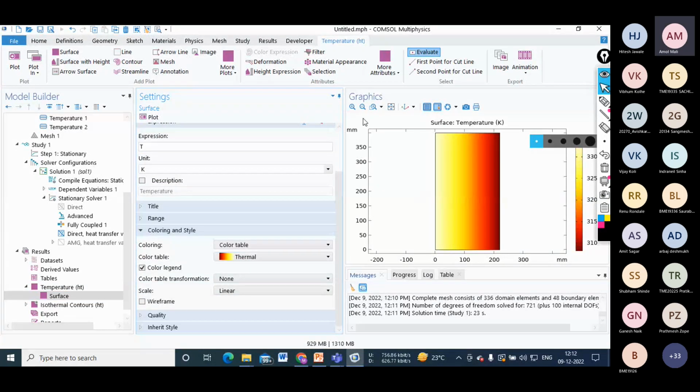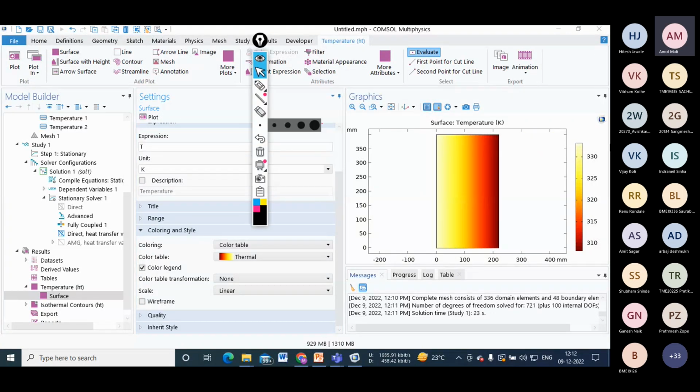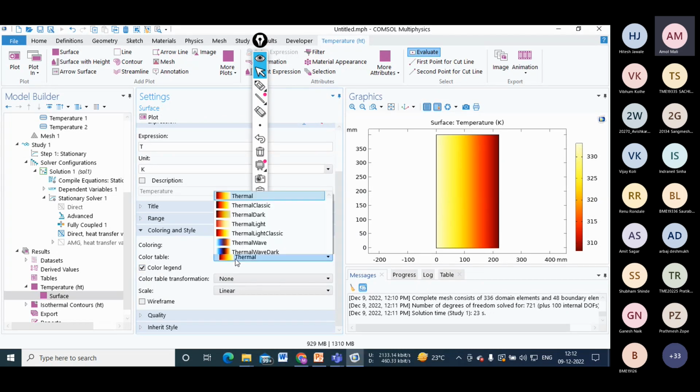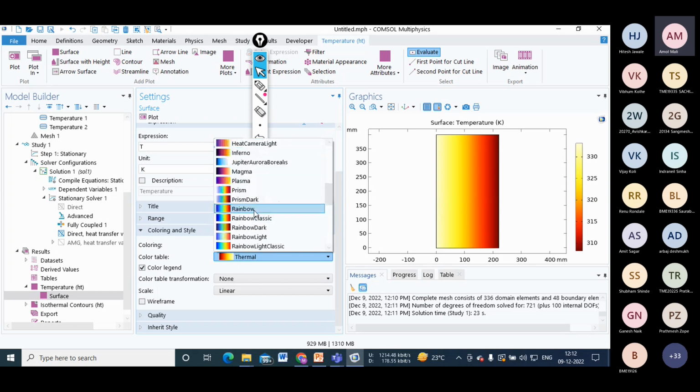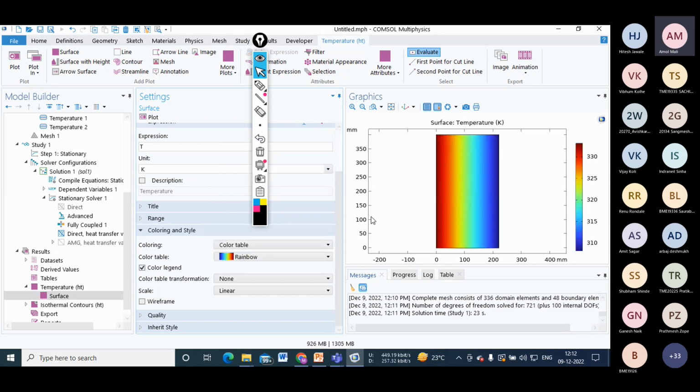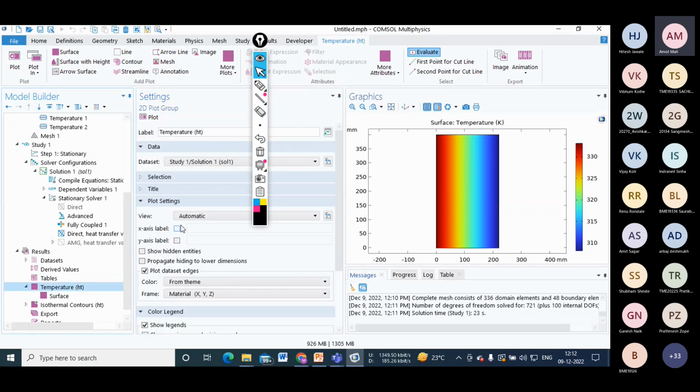Okay, so here you can see this red hot will show us what higher temperature. यहाँ पर आपको higher temperature मिल रहा है, at this portion you are getting lower temperature. रेनबो भी आपको यूज़ करना है तो you can use rainbow also. Okay, so higher temperature will be at this portion and lower temperature, blue color will show us what lower temperature. Okay, so now how heat is flowing, can anyone tell me how heat is flowing?